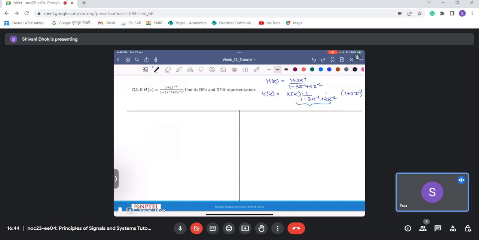So let's do direct form 1 transpose. I'm realizing the denominator part first.